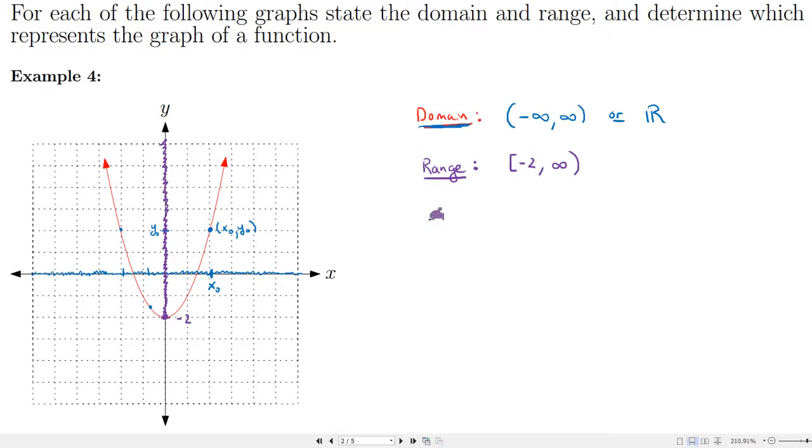So the answer is yes, this is a function, since it passes the vertical line test.